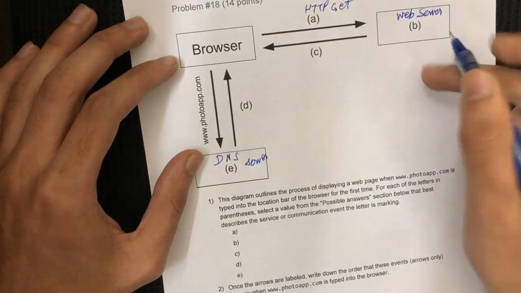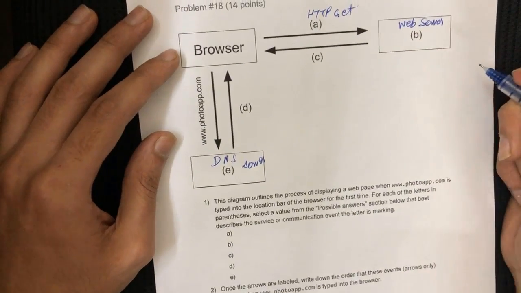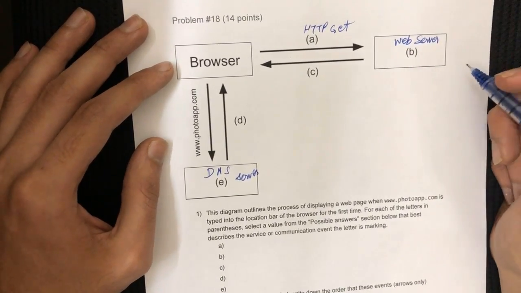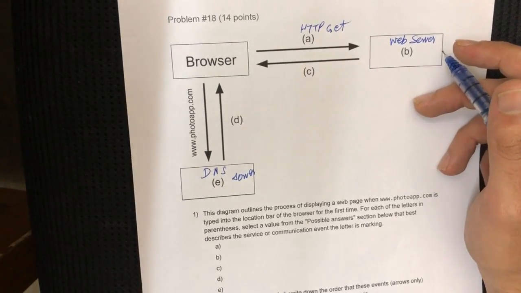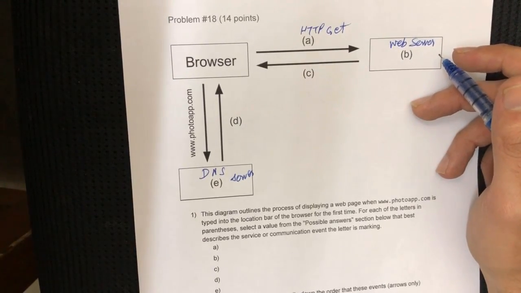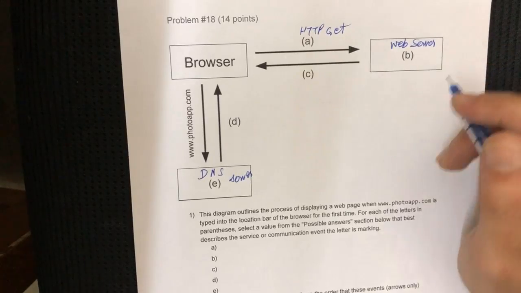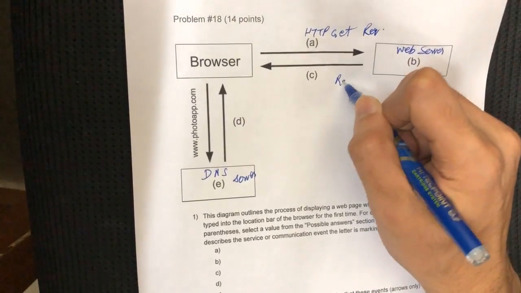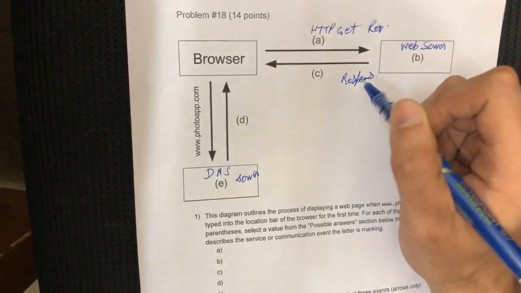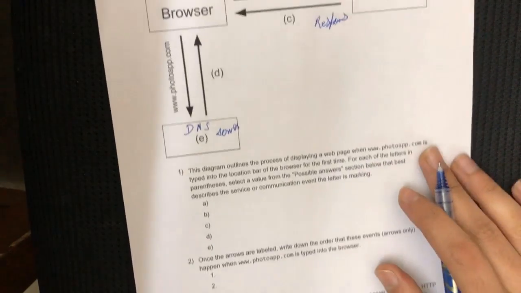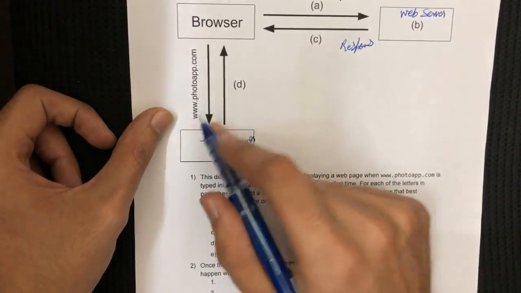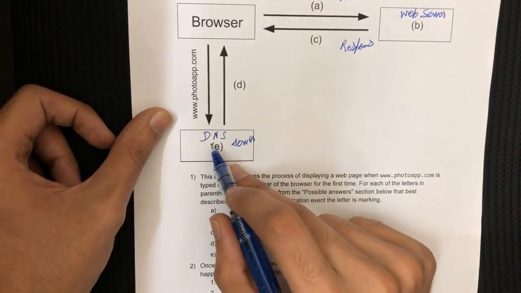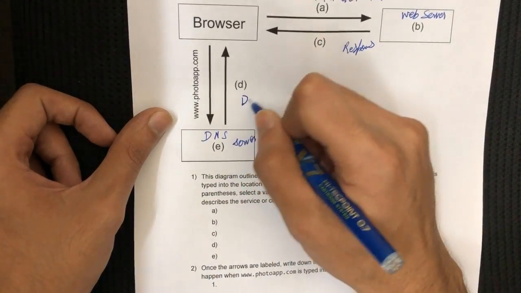Again, the request comes back in, and really we don't have to do this, but let's just get over with this. You can call this the HTTP GET response. This is the request, this is the response, and that's it. Oh, I left out, when the request is sent for the DNS lookup, this is the DNS response.